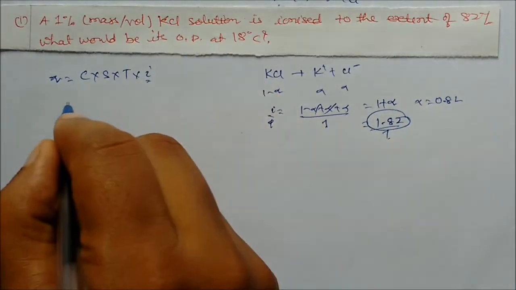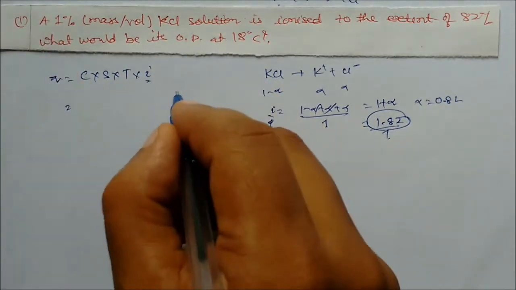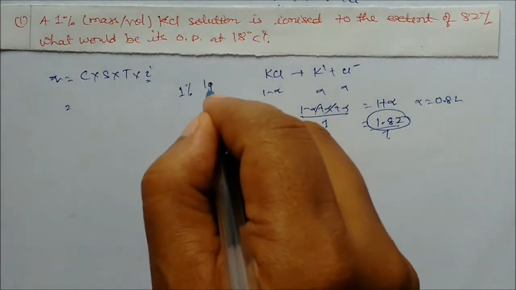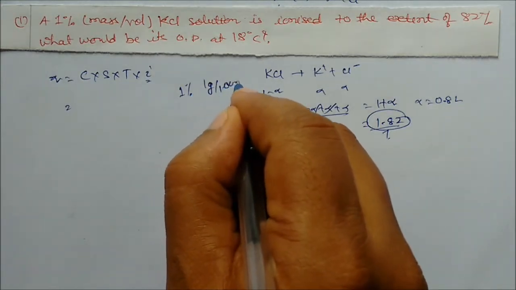So what is the osmotic pressure? For the concentration, 1% is very clear: this is 1 gram in 100 ml of solution.